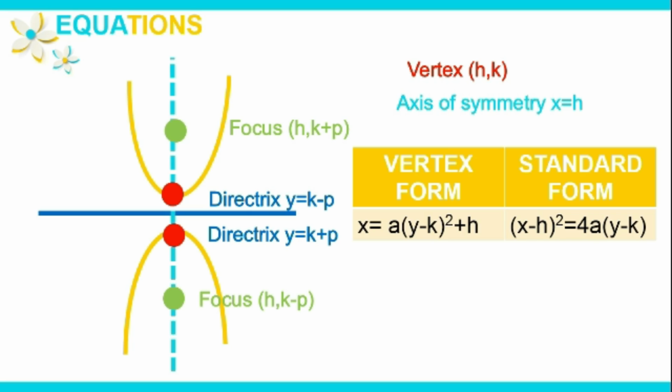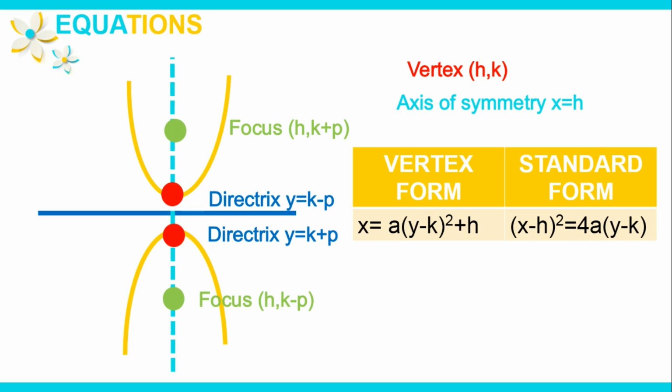If it opens downward, the directrix is y is equal to k plus p, and the focus is h, k minus p. So take note of the formulas and their points, what it looks like. So the vertex is still the same, h, k, and the axis of symmetry is x is equal to h.